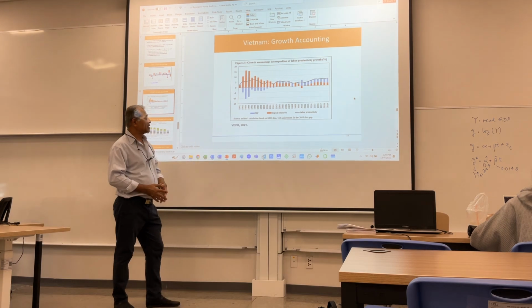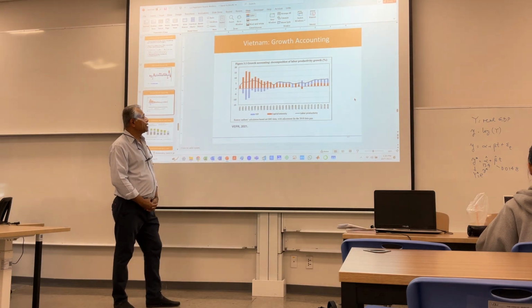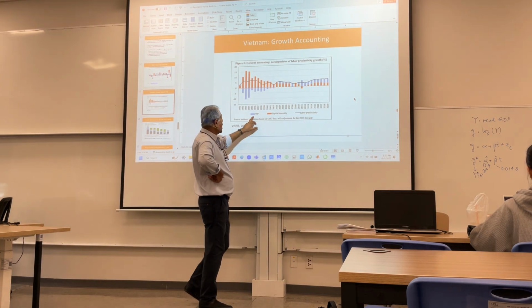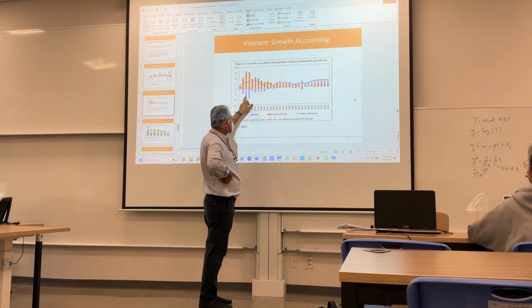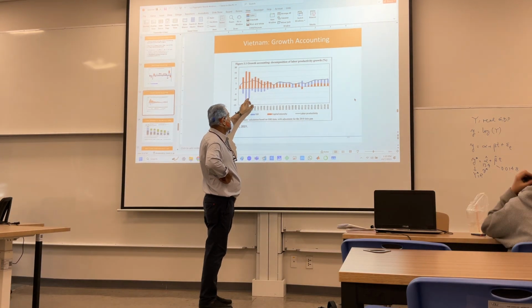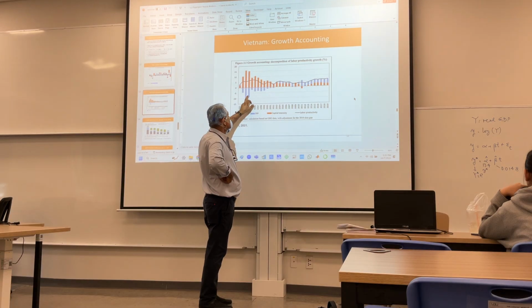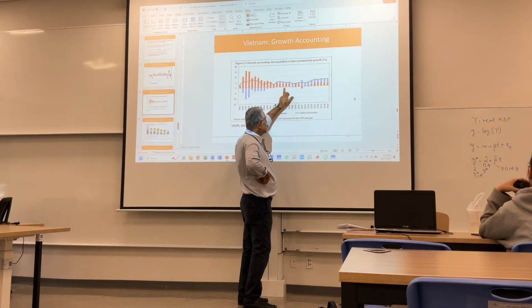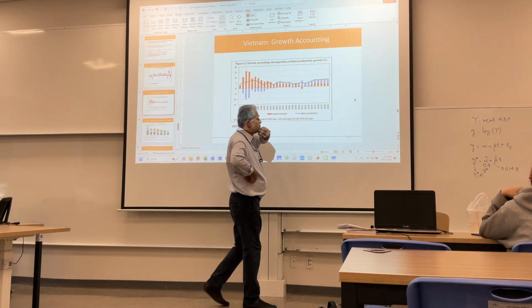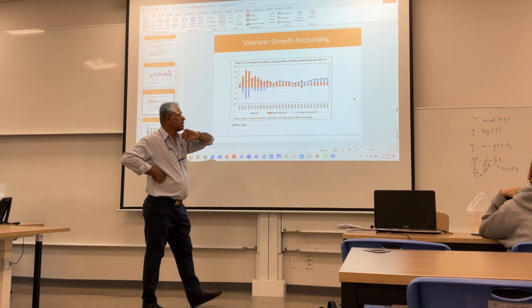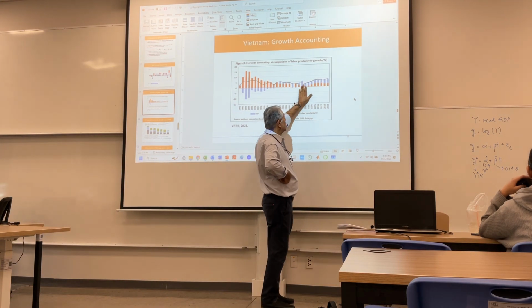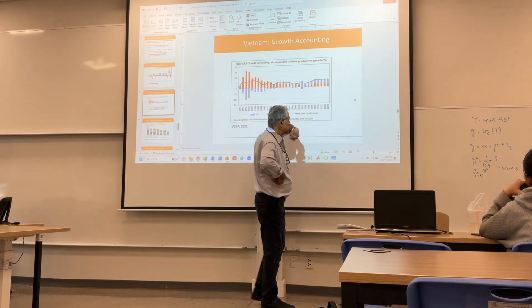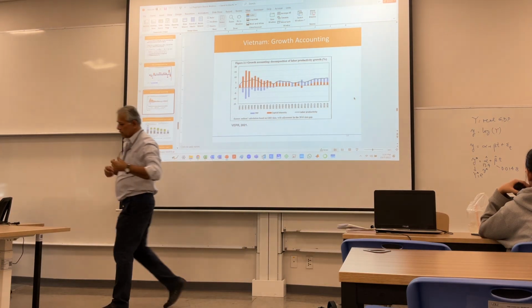It's an economy that's still growing. And total factor productivity either has a negative contribution, it's a residual, and in the later years, as the economy becomes more and more sophisticated, there is a positive contribution from total factor productivity growth to overall growth in the economy.